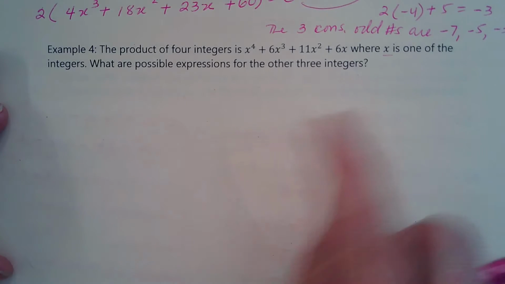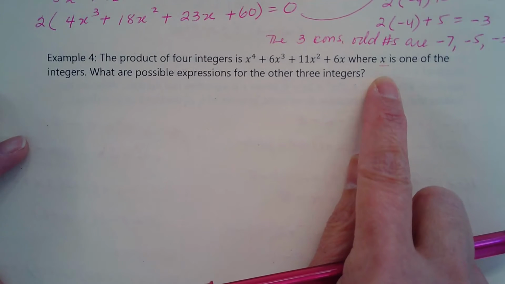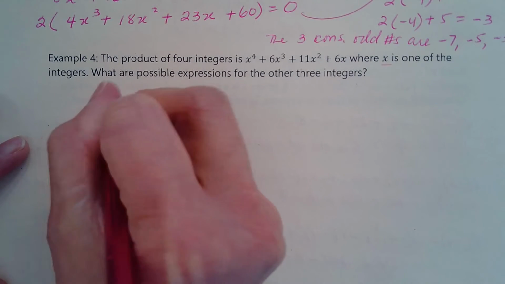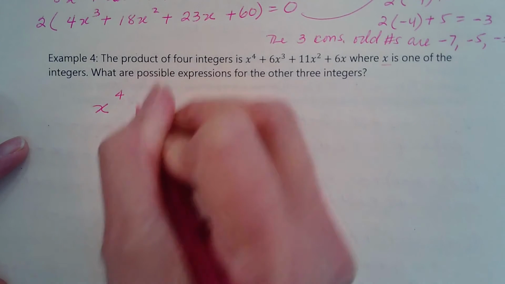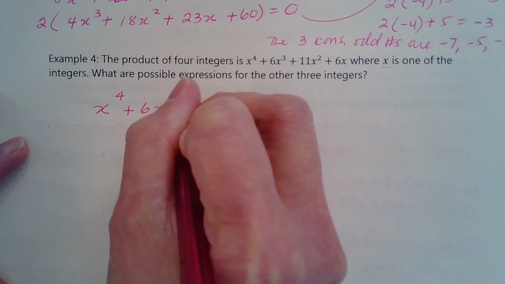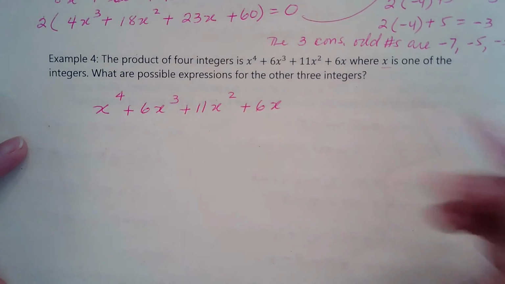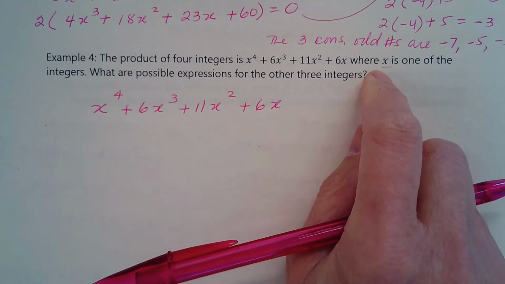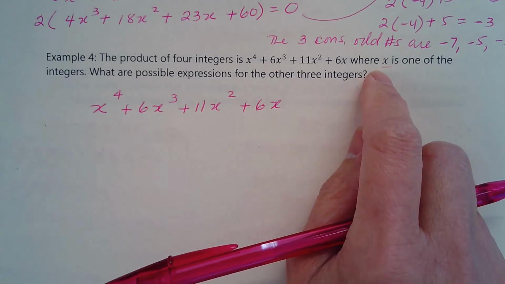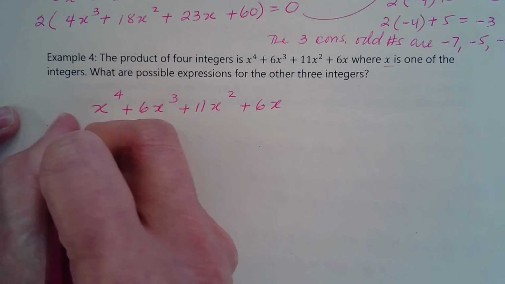Okay. Now, because x is one of the integers, that means x is one of the factors. So this is x to the fourth plus 6x cubed plus 11x squared plus 6x. Because x is already one of the integers, we factor out the x.